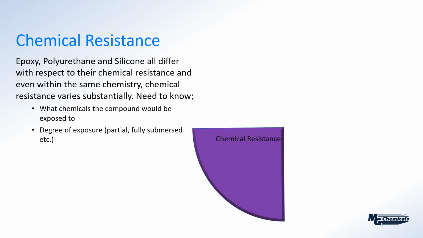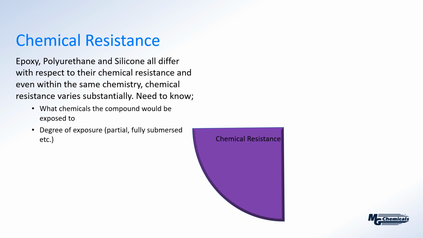Now, chemical resistance is something that distinguishes, again, the three different chemistries, but you have to be careful in making these broad statements because even within epoxies themselves, there's a wide latitude of degree of chemical resistance. So I say this more in terms of generalities, but more or less it does hold true.